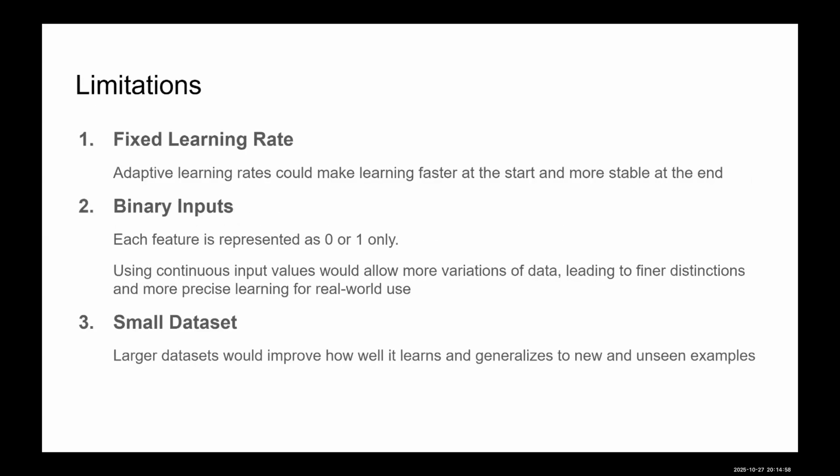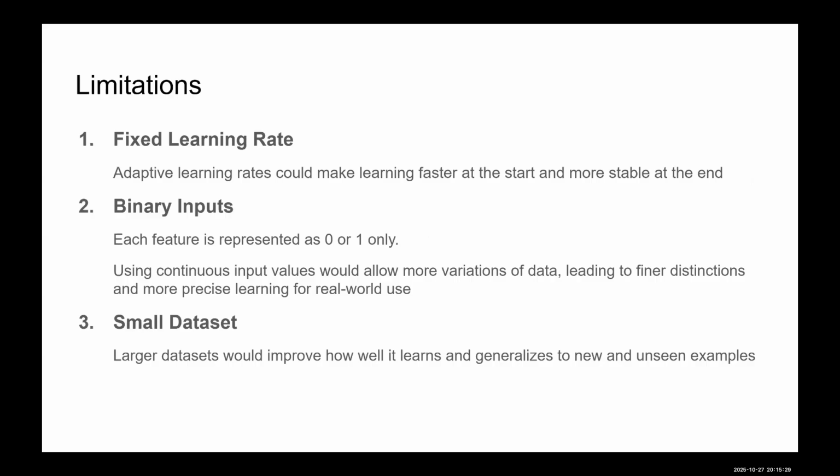And lastly, our limitations in this project. One would be the fixed learning rate. The learning rate we use right now is 0.25, and it's fixed. Using an adaptive rate could make learning faster in the beginning and more stable towards the end. Secondly, our inputs are binary. Even though it's in Q4.4, it's still either 0 or 1 in terms of value.